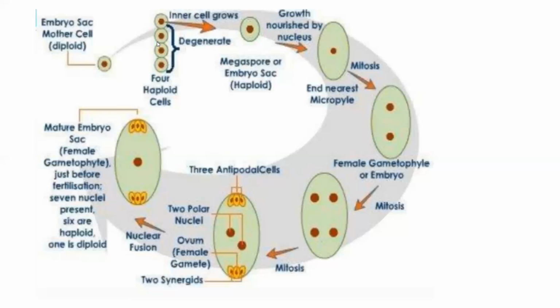Of the four cells, the lower three degenerate and the upper one is the functional cell, which will grow into the complete embryo sac. We will discuss this one by one in the development of the ovule.